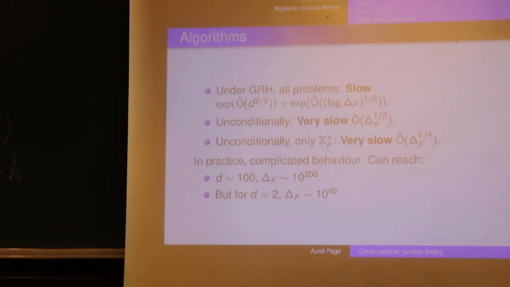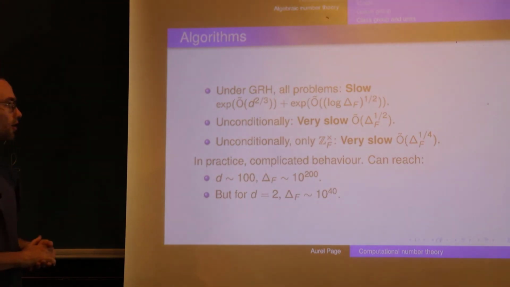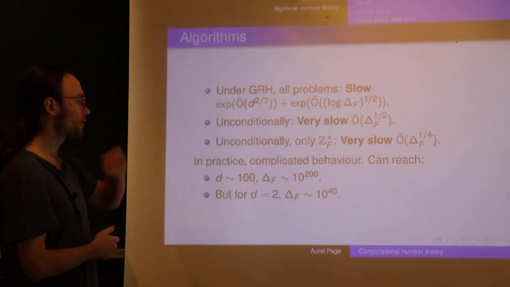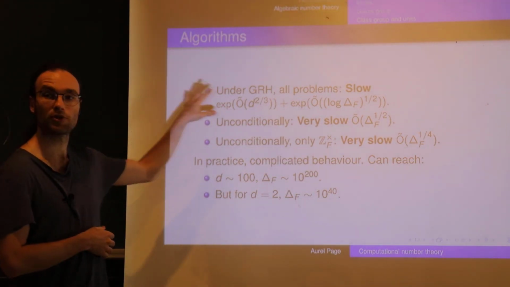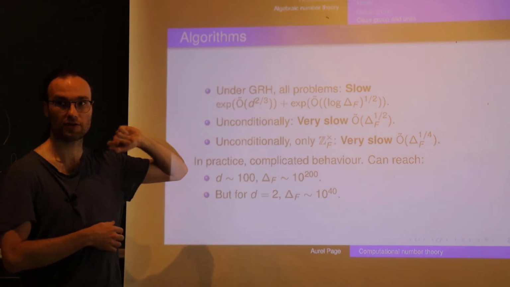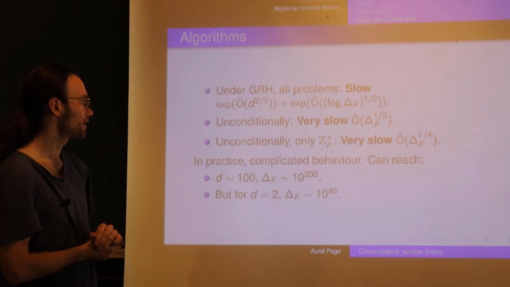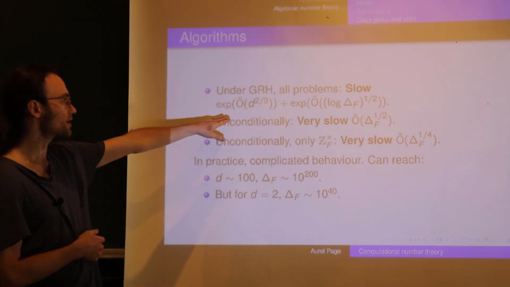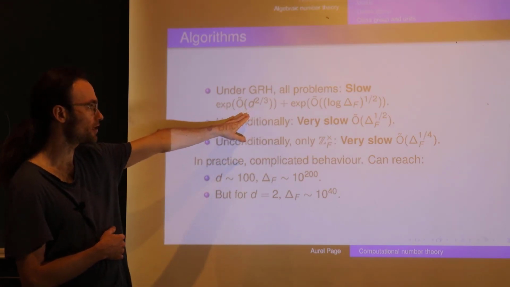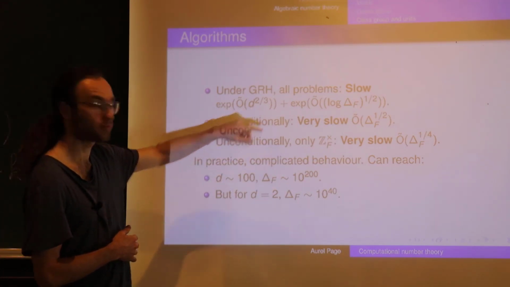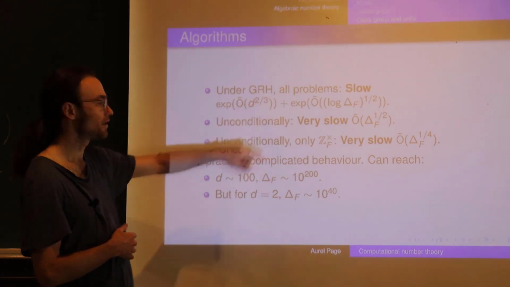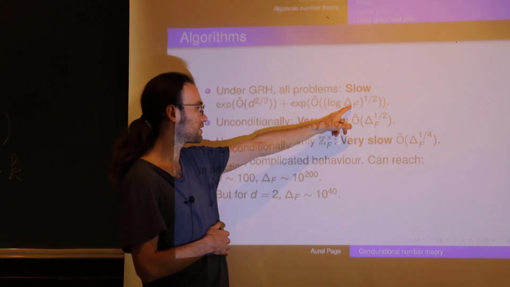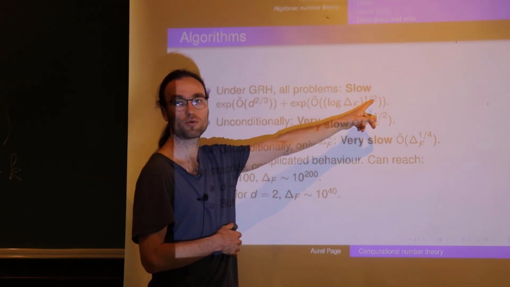So here is the situation. Assuming GRH, we know how to solve all of these problems in sub-exponential time, so slow algorithms, but at least not exponential. Precisely, there's a certain dependence on the degree, so maybe the only thing to look at is the exponent 2/3 here, and some dependence on the discriminant where the exponent is 1/2.